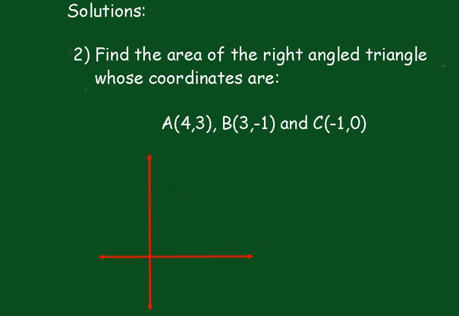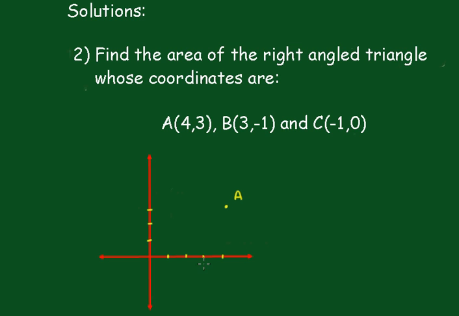Find the area of the right angled triangle whose coordinates are 4, 3, 3, negative 1 and minus 1, 0. Now if we carefully plot these points, making sure the scale on both axes is the same, it'll save us a bit of time. So let's get A first. A is (4, 3). You don't have to be deadly accurate, but just fairly accurate.